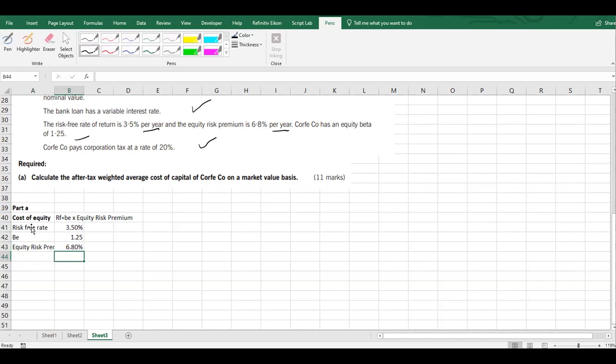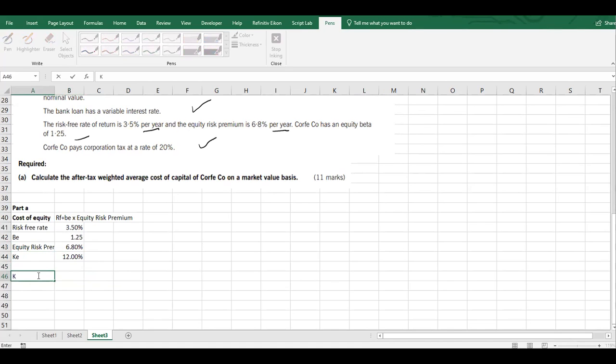So cost of equity is risk-free rate plus beta into equity risk premium. You can also try this manually. Risk-free rate plus beta into equity risk premium. So cost of equity is 12%.